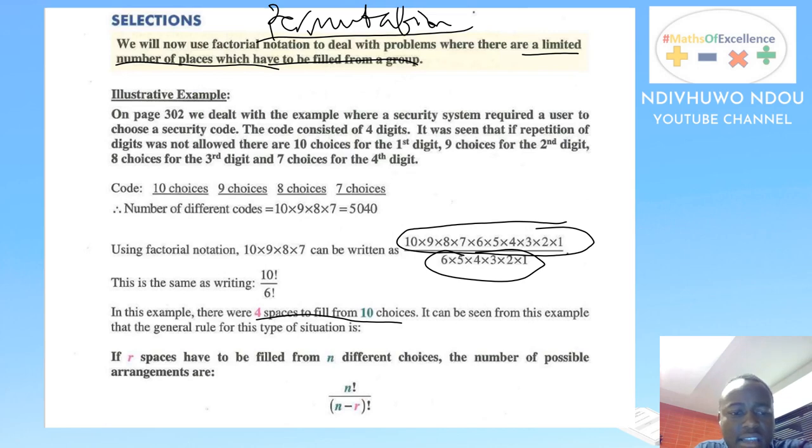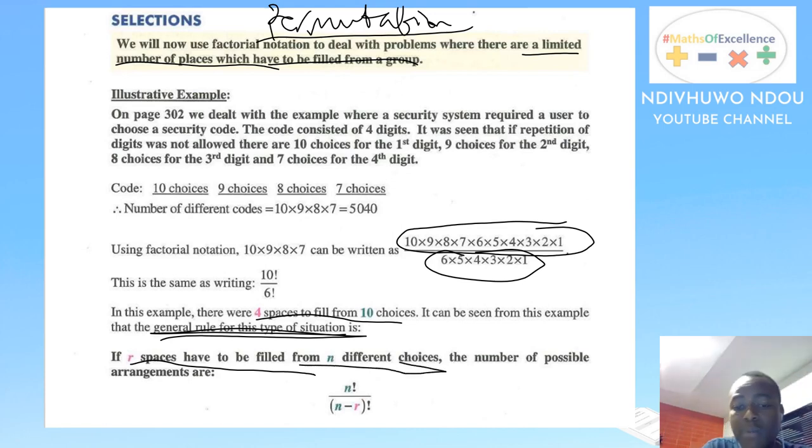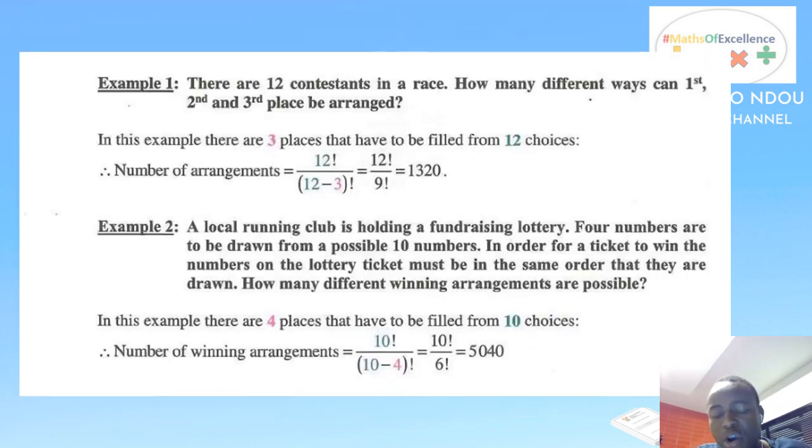The general rule for this type of situation, if you want to arrange certain items from a group of items, is this: if we have r spaces to be filled from n different choices, the number of possible arrangements will simply be n factorial divided by n minus r factorial.